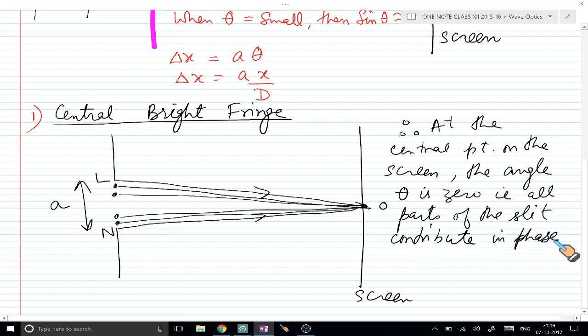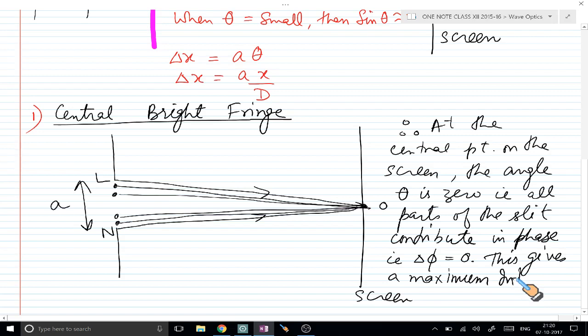All are in phase, that is, their phase difference is 0. This gives a maxima or maximum intensity at O, which is called the central bright fringe.